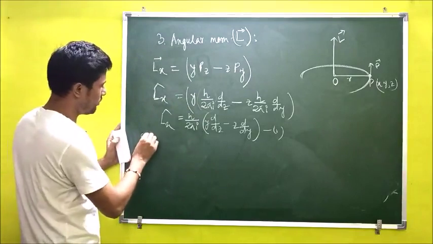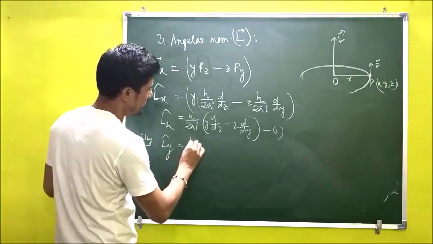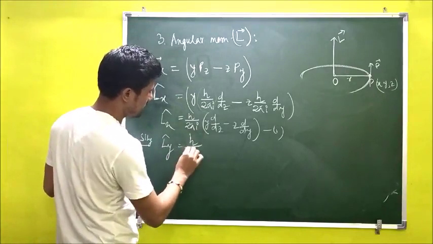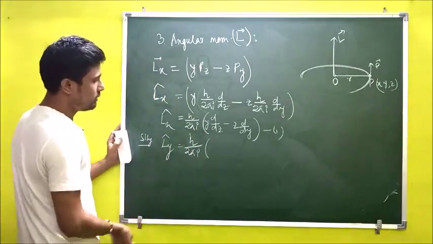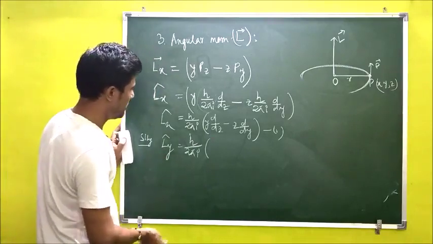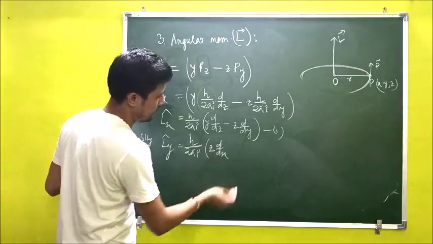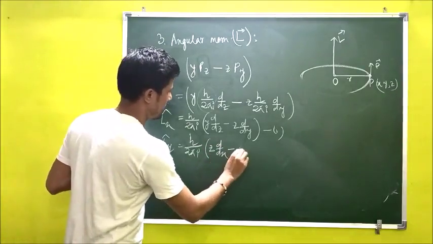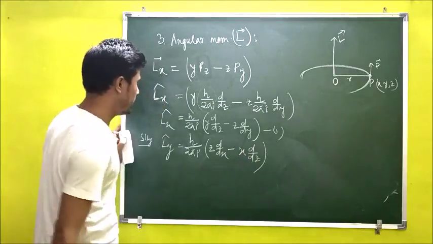Similarly, you can write the angular momentum operator for Ly also. It follows the same pattern, just with changes of terms: for Ly, z ∂/∂x minus x ∂/∂z.